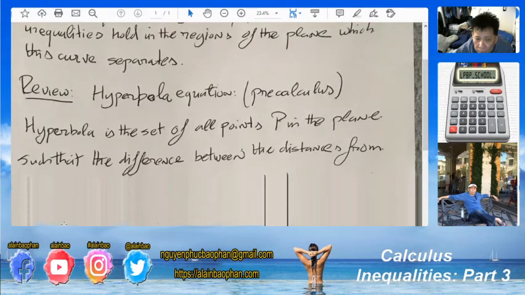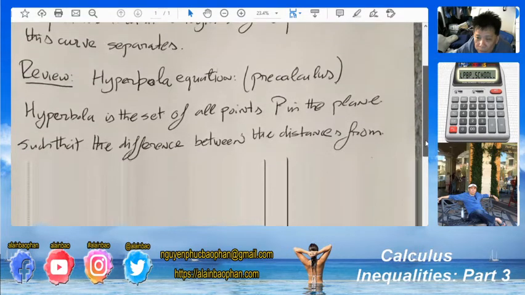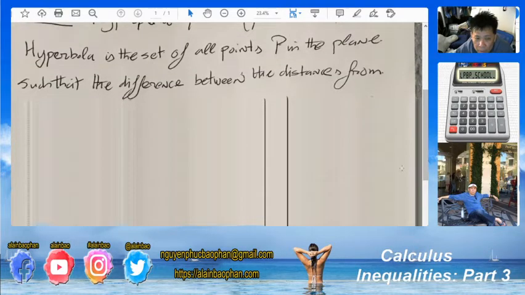The fixed points are called foci; the singular is focus. Let P be a point on the hyperbola and the foci be F1 and F2. Then PF1 and PF2 are called focal radii.